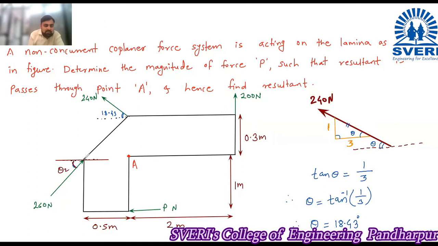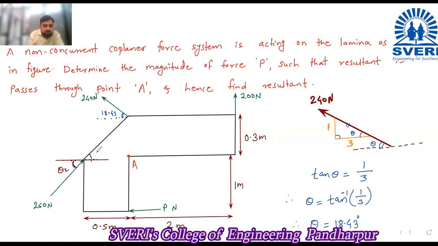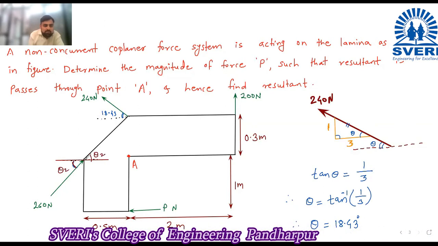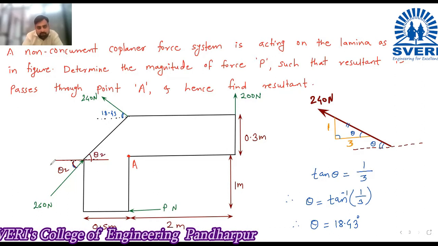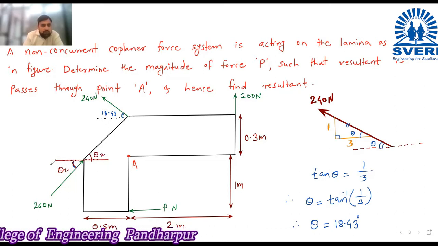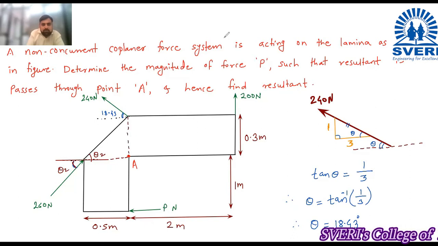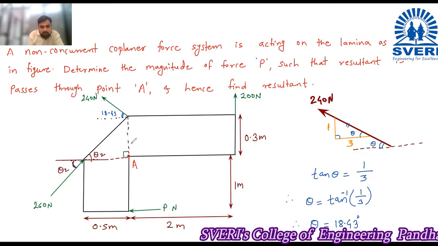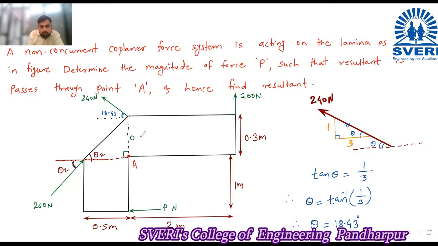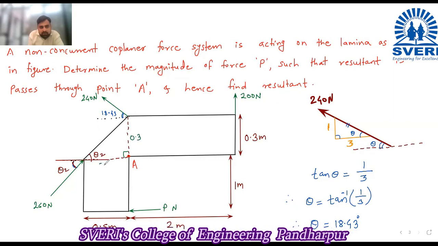If this angle is theta 2, then this is also theta 2, because the force is acting along the same line of action. Now if I join this and drop a perpendicular from here, then this angle will become 90 degree. This is 0.3 and this is 0.5.